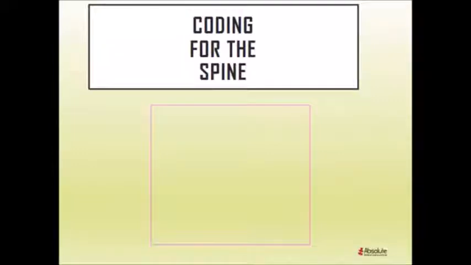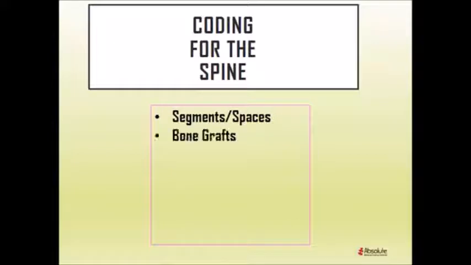Procedures that you're going to have to code for at the same time. The procedure for the actual surgery on the segments and the spaces. If you're performing a discectomy, you're going to have to code that. If you're doing a vertebroplasty, you're going to have to code that.